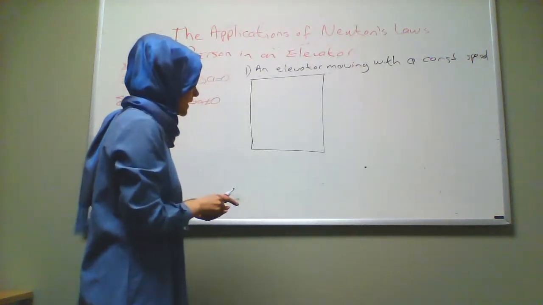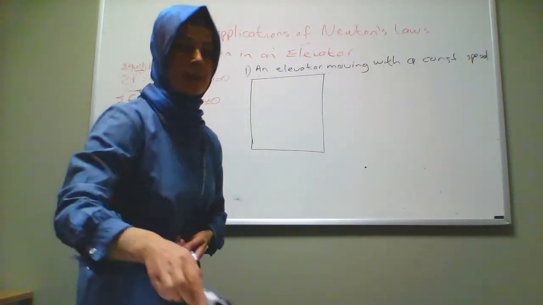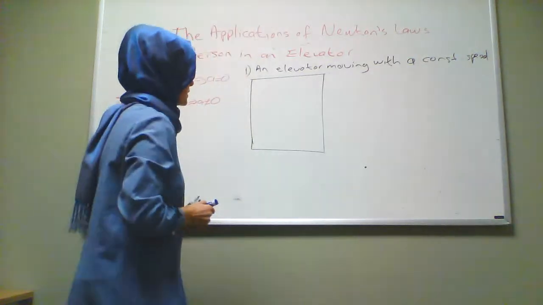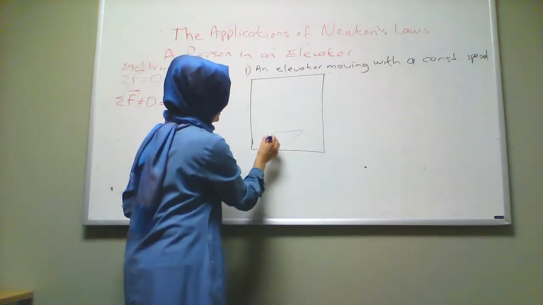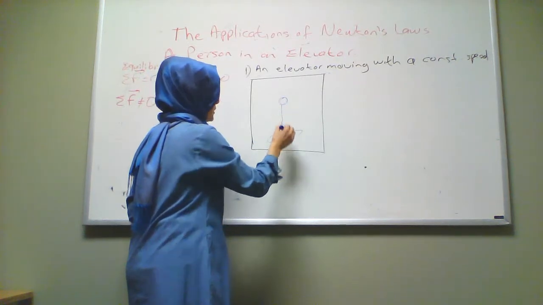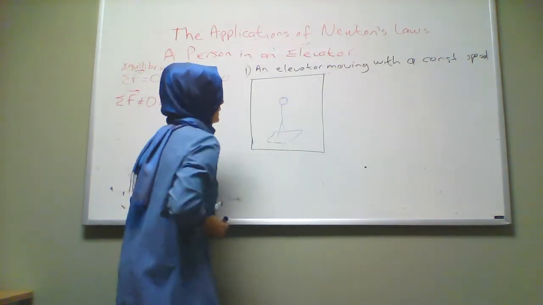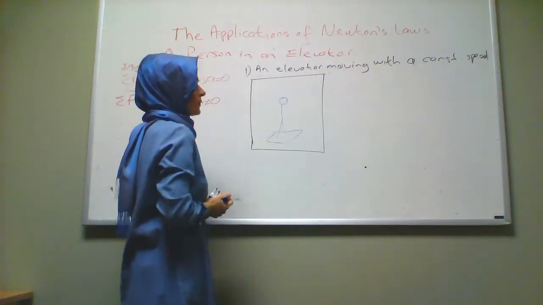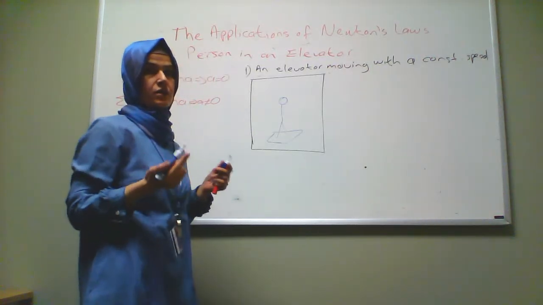So if you are ever asked to find your weight in an elevator, say there's a person in here testing this application. He or she puts a scale under his feet to see how his weight is changing.